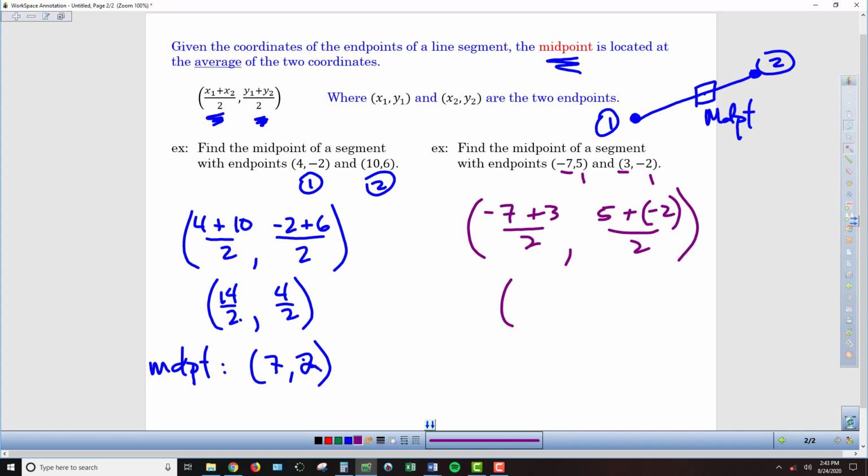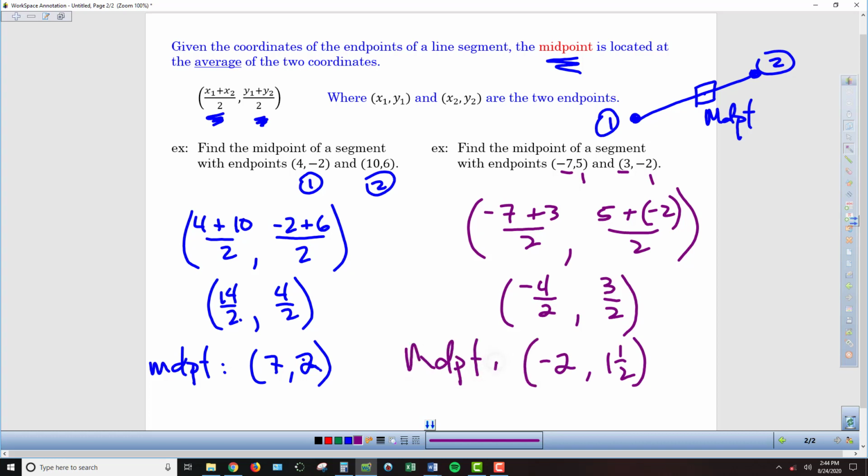So in this x-coordinate, negative 7 plus 3 is negative 4 over 2. 5 plus negative 2 is 3 over 2. Now the y-coordinate, we can just go ahead and leave it as an improper fraction. We could write it as 1.5. It doesn't really matter too much. I'm generally not a fan of decimals unless they're decimals in the original question. But the x-coordinate is going to be negative 2. So there's our midpoint.